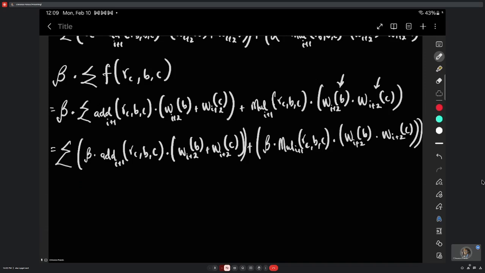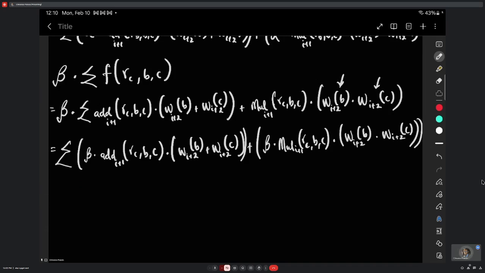So in our sumcheck protocol, we already have a way of generating rb and rc, which are just the random challenges sent by the verifier in the course of the sumcheck protocol.